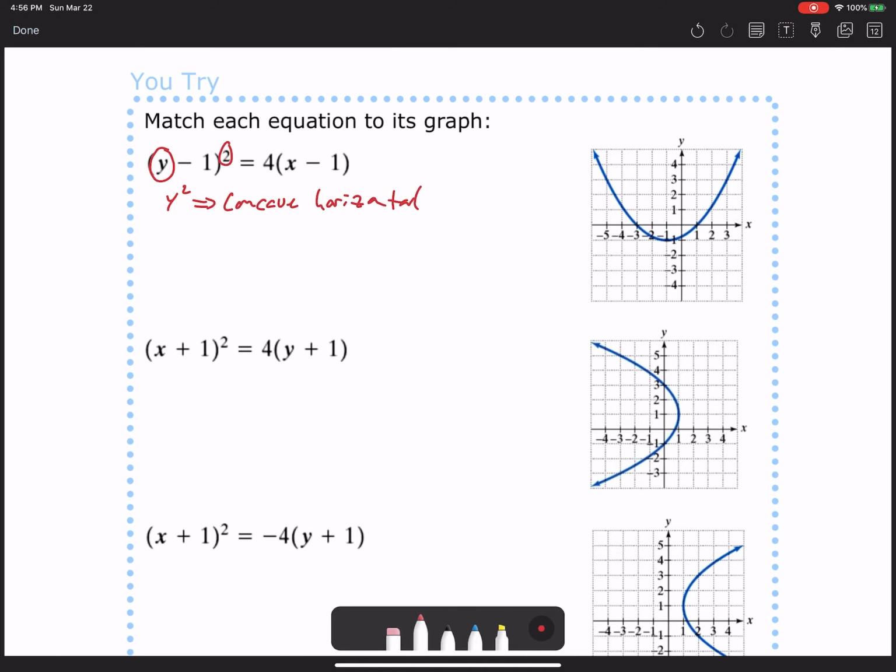Barely legible. Thankfully I'm narrating as we're going along. The 4 that's here, this is 4p. So 4p is equal to 4, which is greater than 0, therefore concave in the positive horizontal direction.